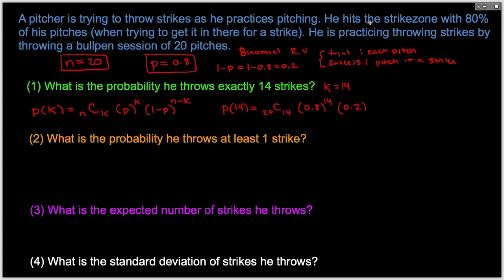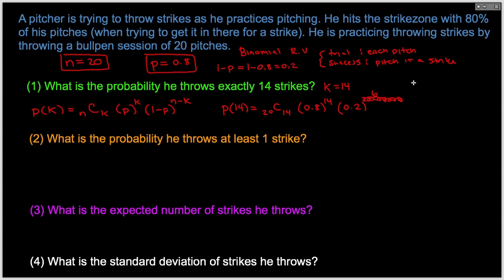It's easily gotten from whatever P is. And 20 minus 14, in other words, 6. So instead of this, you can just say to the 6th power, right? And that's how you find the probability he throws exactly 14 strikes.